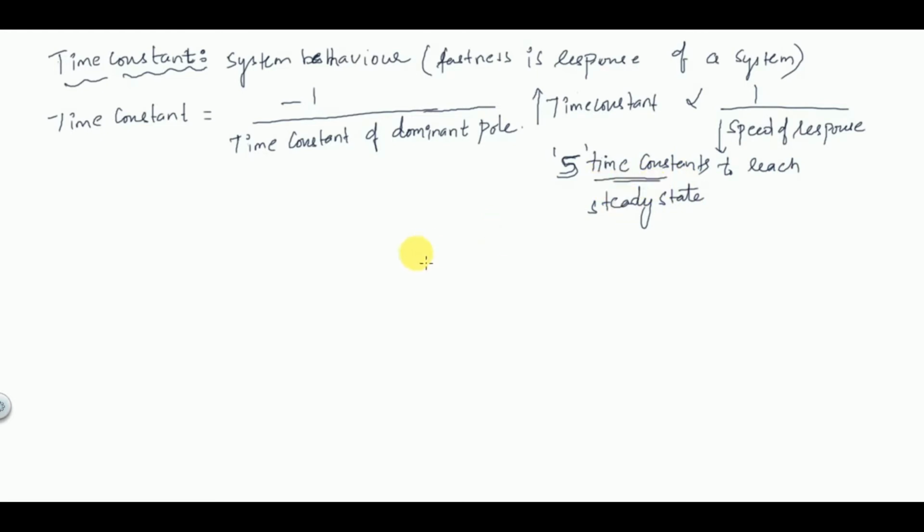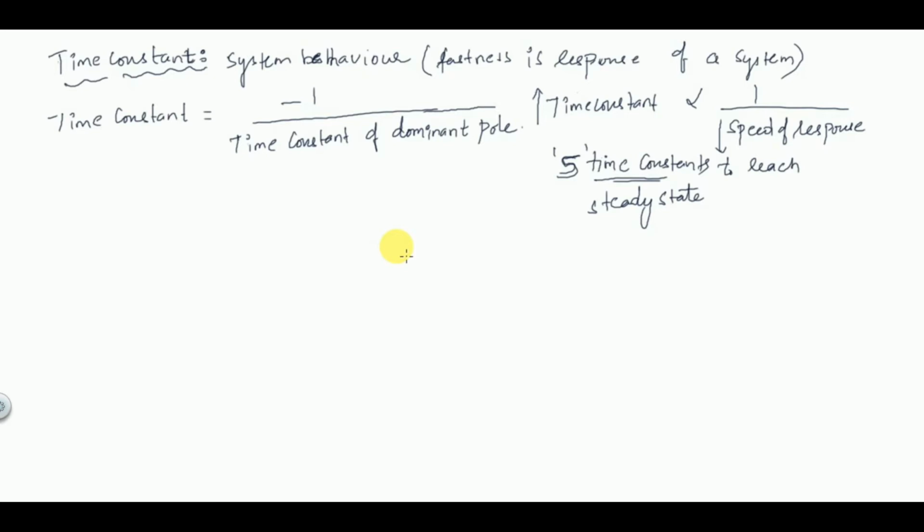For any system, after the application of input, you can't get output instantaneously, because practical systems do not give the output instantaneously. So it requires some time to reach the steady state or to give the corresponding correct output. The in-between stage is called the transient period, which we'll discuss in the transient response concept.